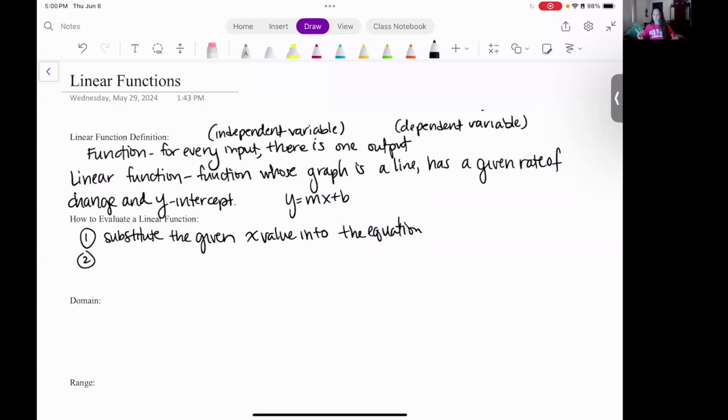Then you're going to simplify, which typically means you'll multiply the slope times that input value and then add the intercept.